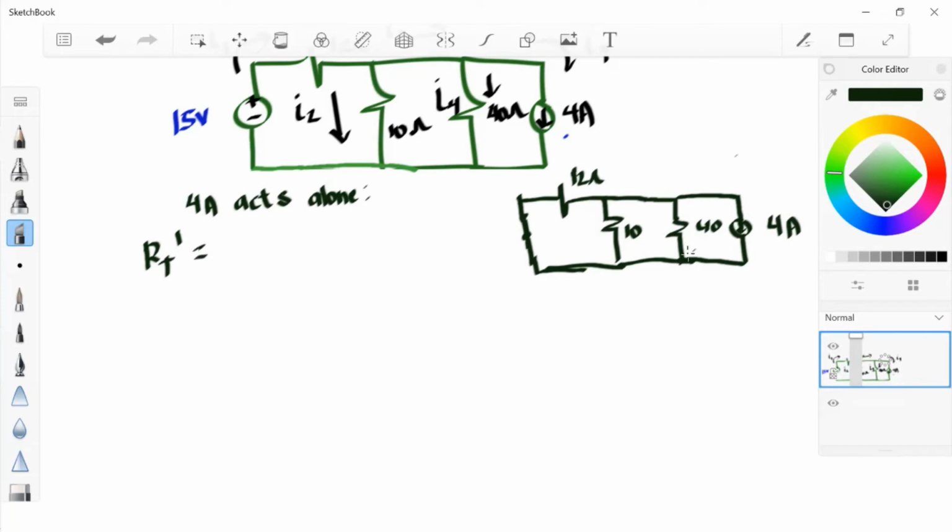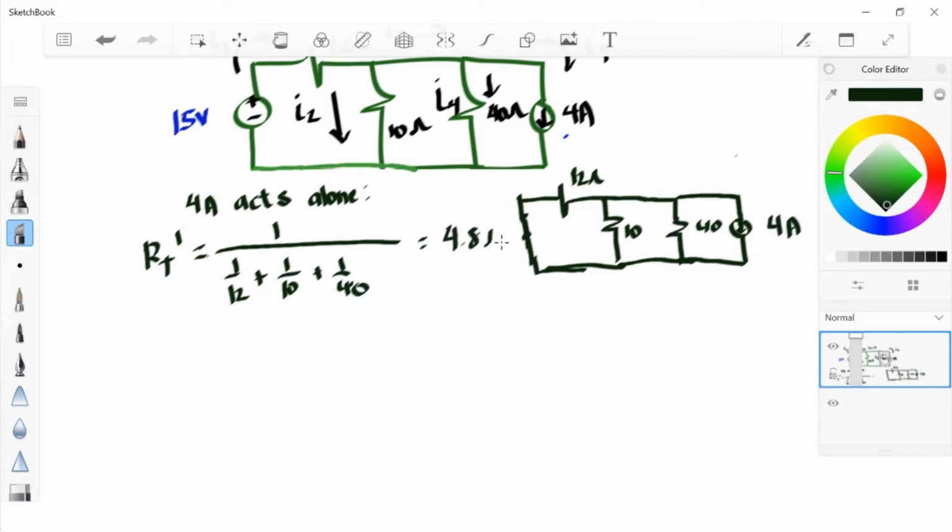Therefore, we can get our total resistance in reference to the 4 amp current source as 1 over 12 plus 1 over 10 plus 1 over 40, which gives 4.8 ohms. But in this case, we are already given a current source, so we can simply apply CDR to get I2 double prime, because these three resistors are already in parallel.